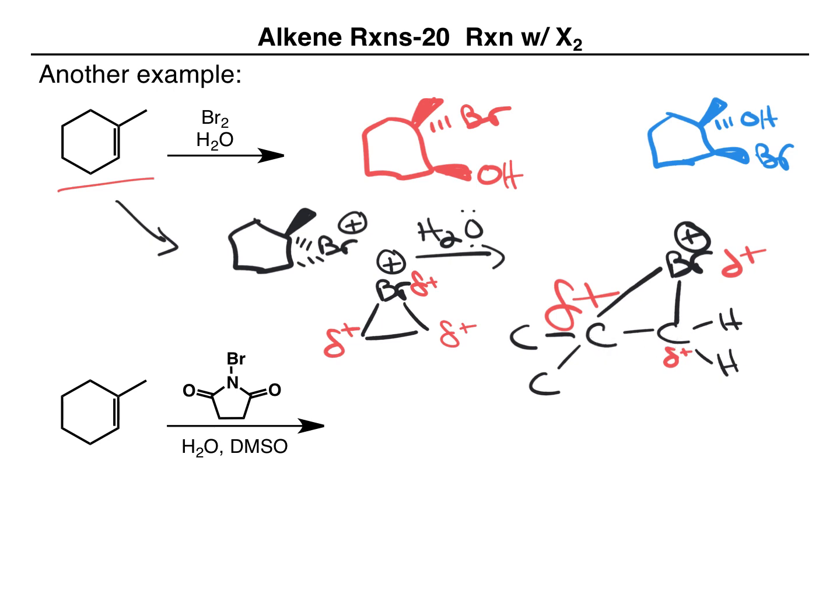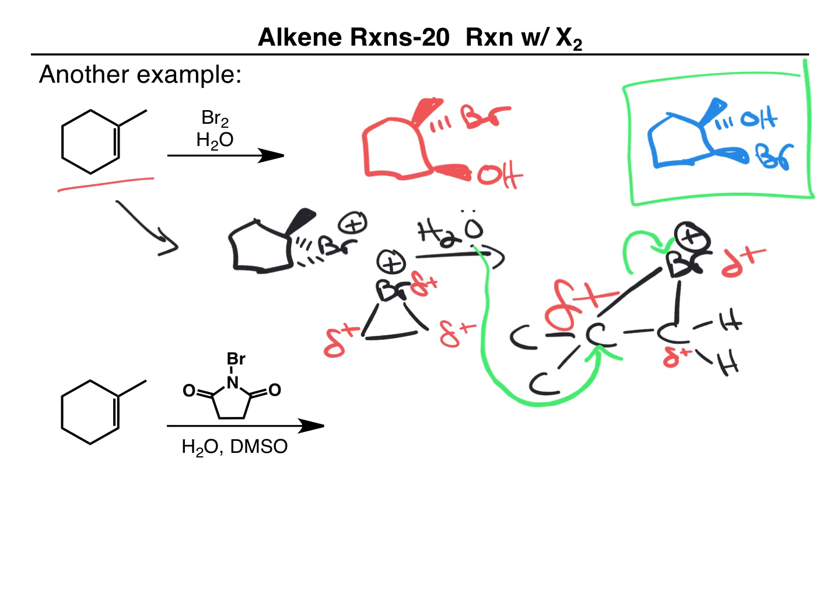So when water is looking for an electrophile, it sees this as a much more electrophilic atom compared to this one. So water is going to selectively add to this carbon, leading to the cyclic bromonium ion opening up this way. That will give us the protonated halohydrin, and then after proton transfer, that gives us this product.